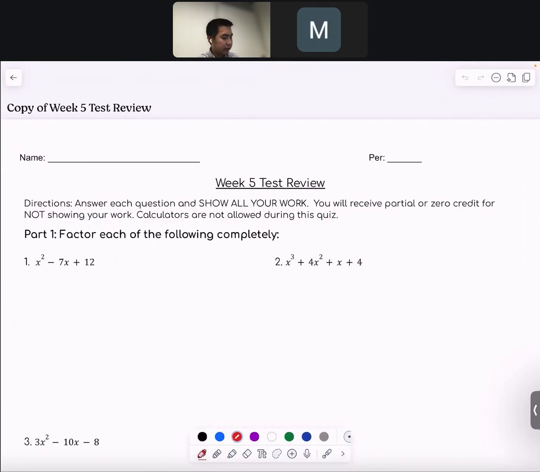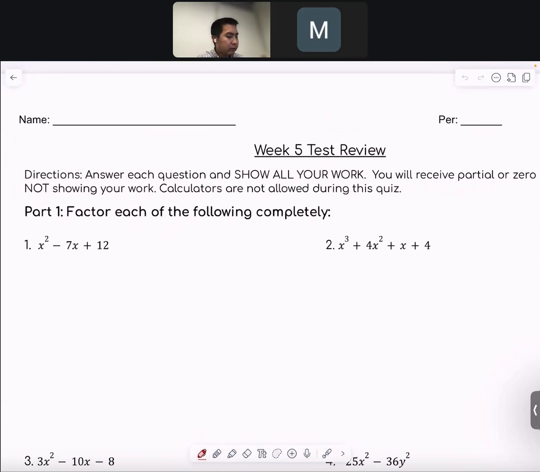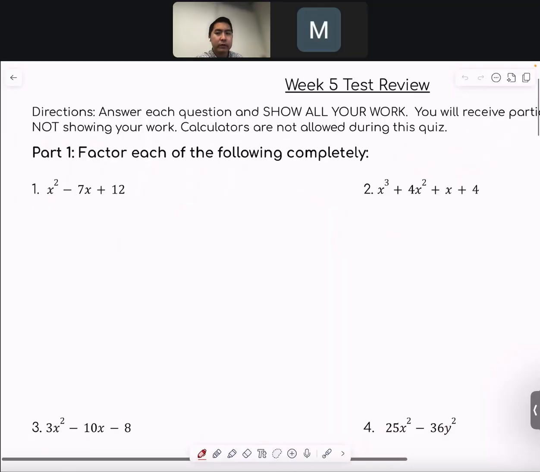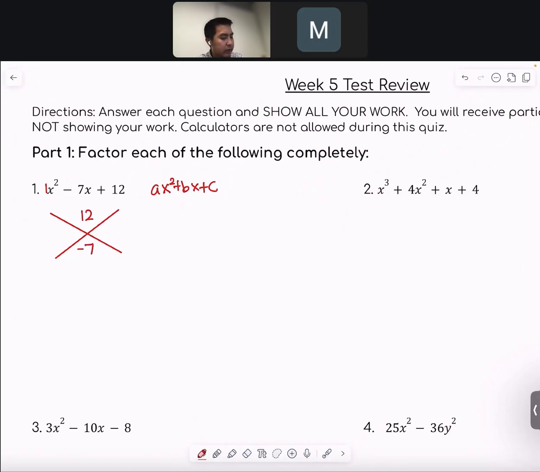So let's get started. For the first one, I noticed the first one is a trinomial, of the form ax squared plus bx plus c. So I'm going to try X method to see if this factors. A times c, which is 1 times 12. 1 times 12 is 12 up top, and b goes on the bottom.